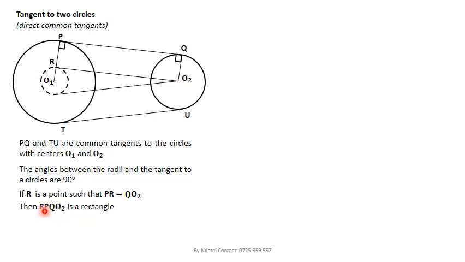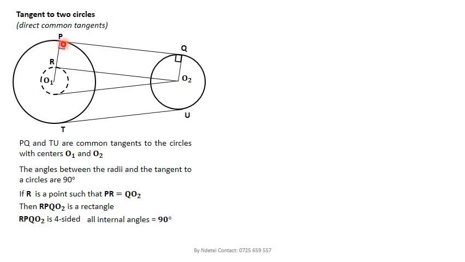And now that I need to prove that RPQO2 is a rectangle, let me say the following few things. RPQO2 is a 4-sided figure. Obviously we can see that it's a 4-sided figure, and we know that all angles are 90. The reason that all angles are 90 is because the angle between the tangent and the radius of a circle is always 90.